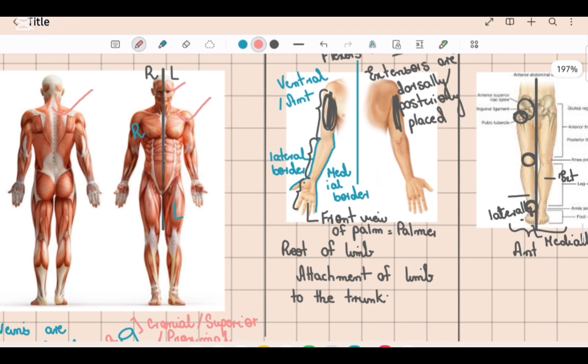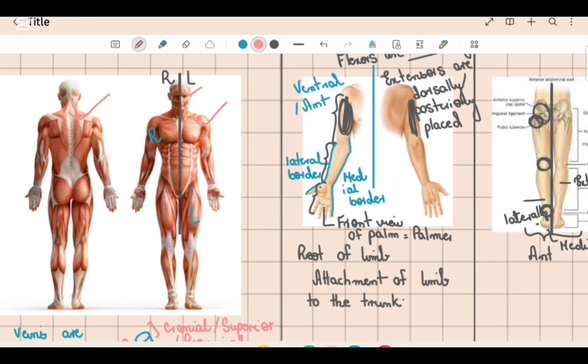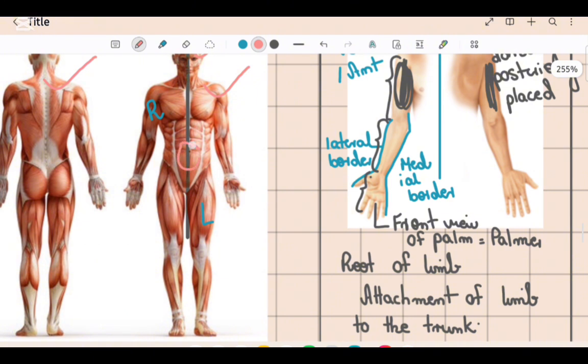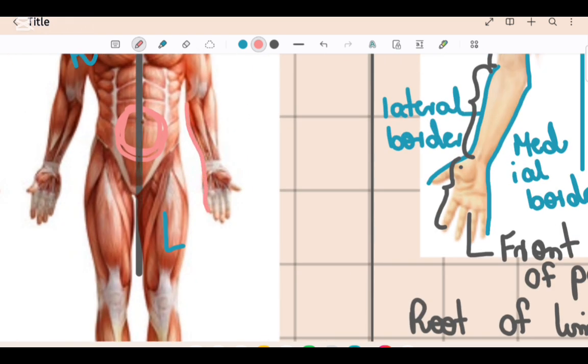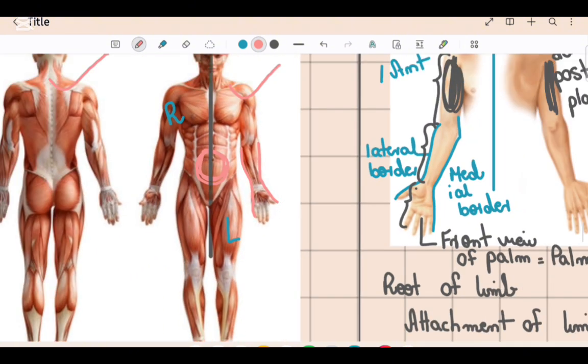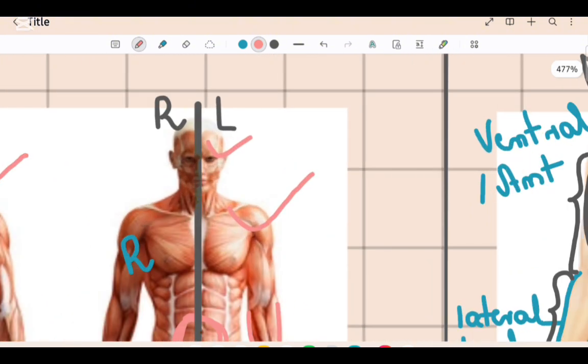Now anything which is close to the midline is the medial part, and anything which is away from the midline is the lateral part. So in this case, your little finger is medial and your thumb is lateral. Now that is cranial, superior and proximal. Anything which is close to your head is cranially placed, that is superiorly placed, and that is proximally placed.